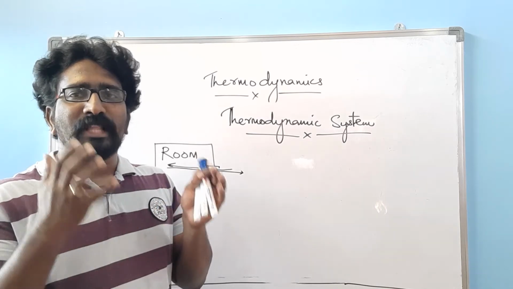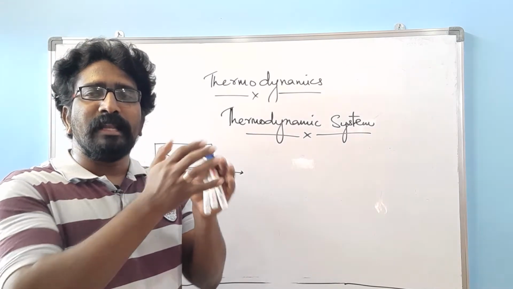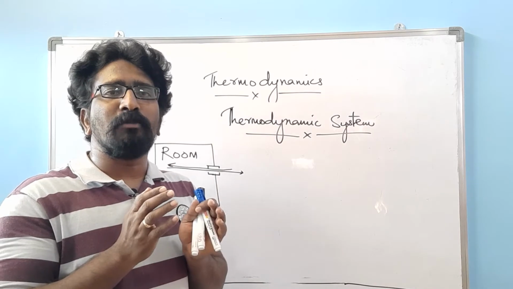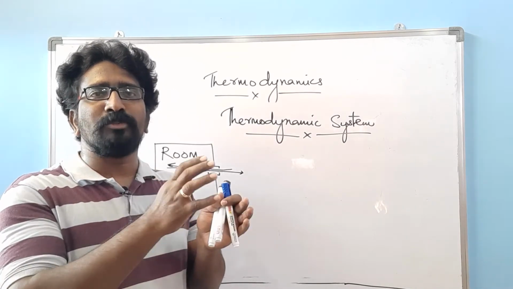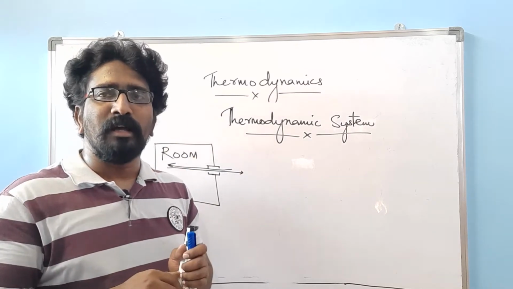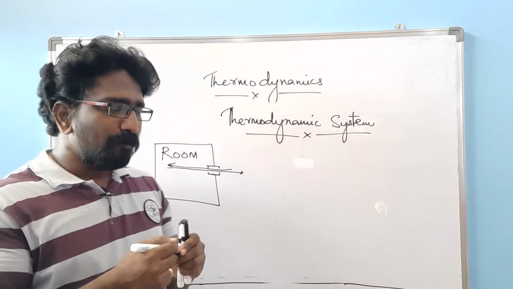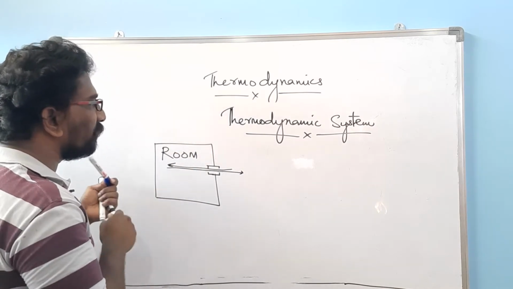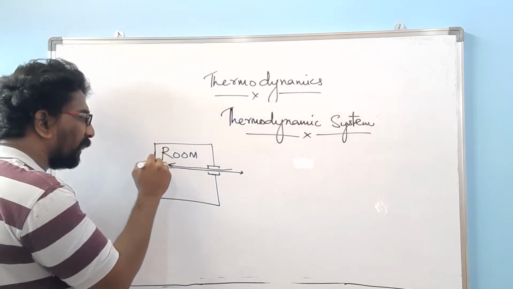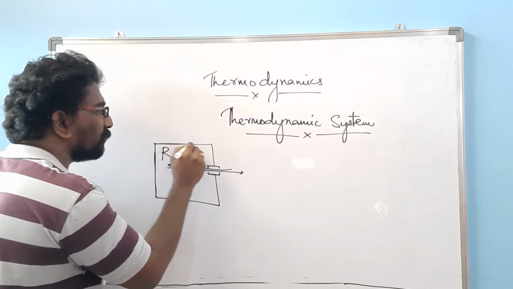That smallest area in the universe where the thermodynamic concepts are being studied with keen observation is called a system. So this part is a system. The thermodynamic system will always have a boundary.